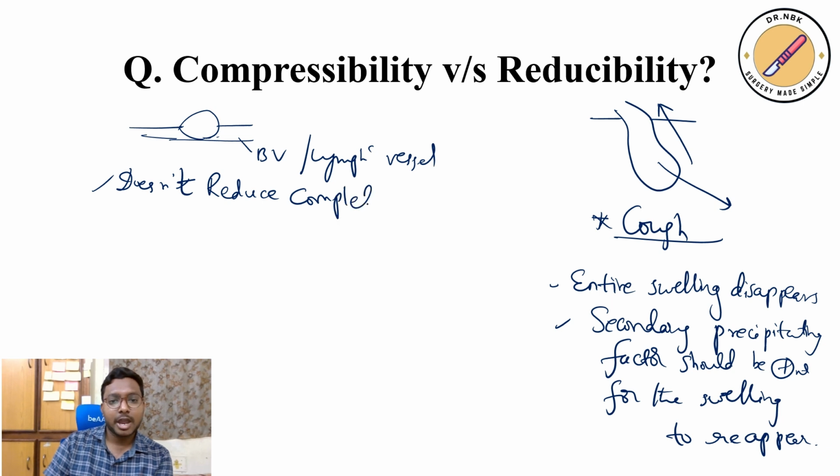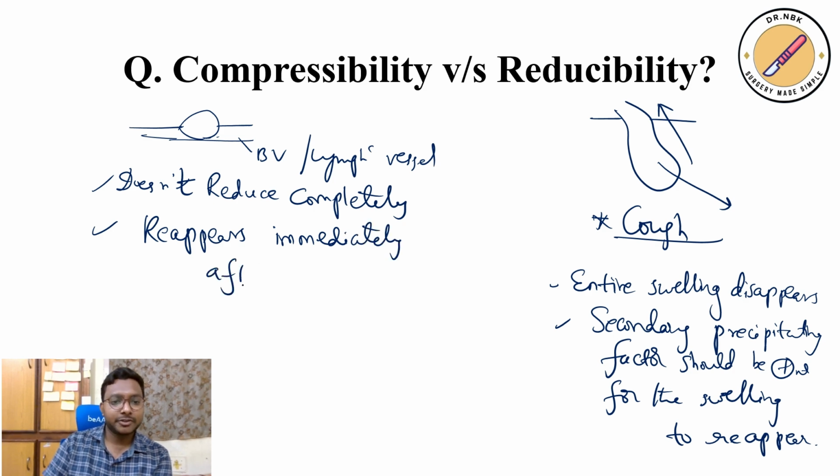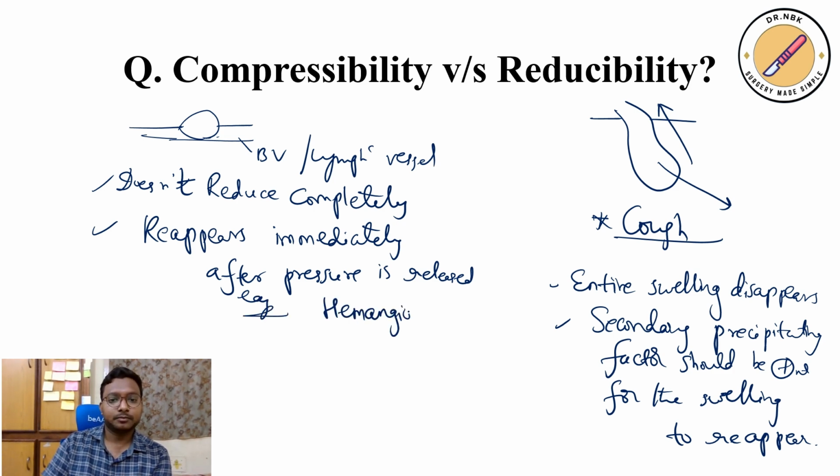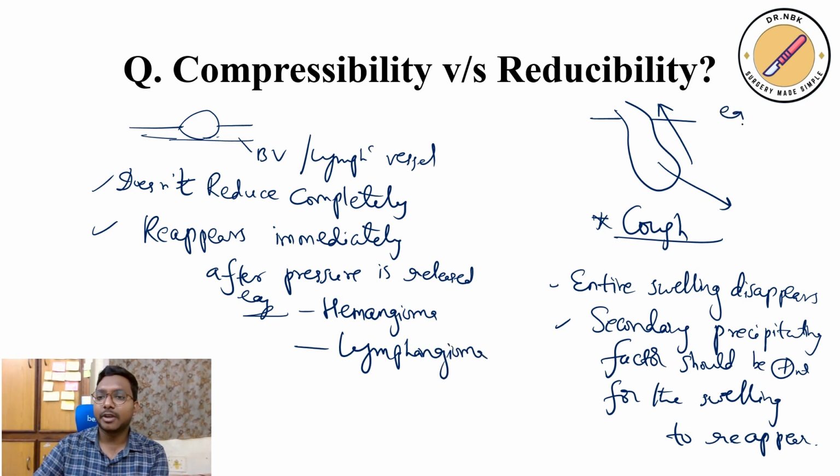And also the moment you release the pressure, it will reappear immediately, after the pressure is released. So the example is hemangioma or lymphangioma. The reducibility example is hernia.